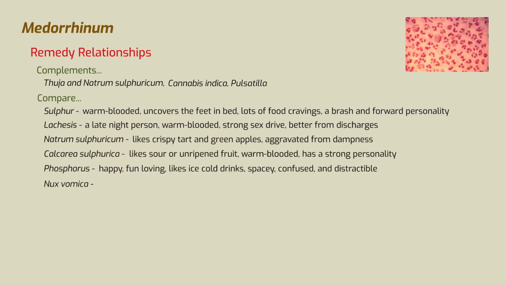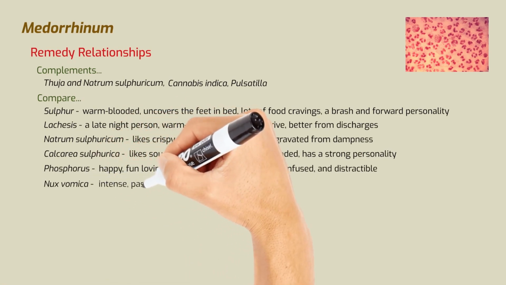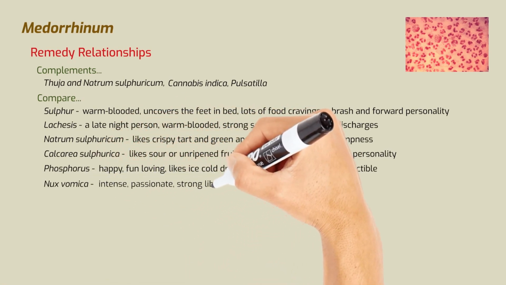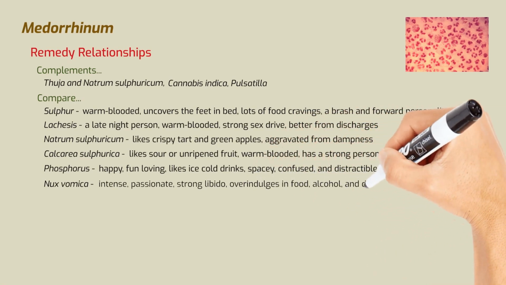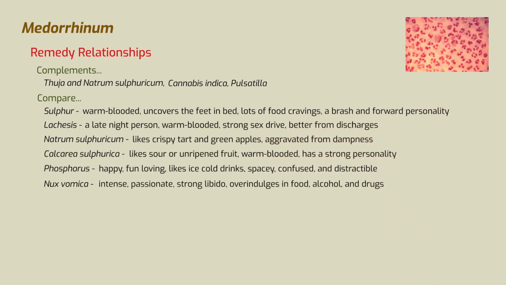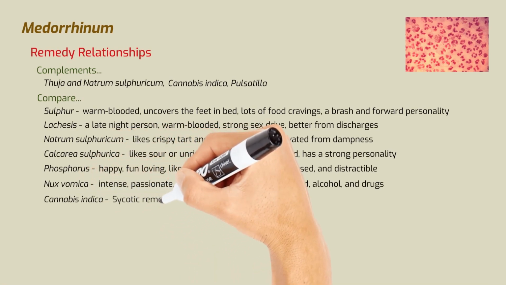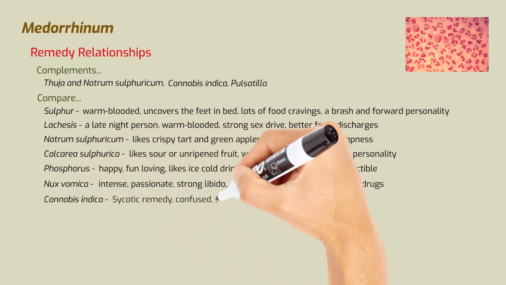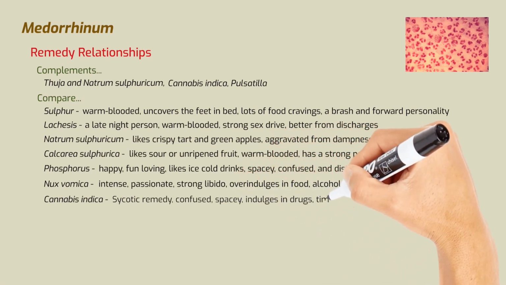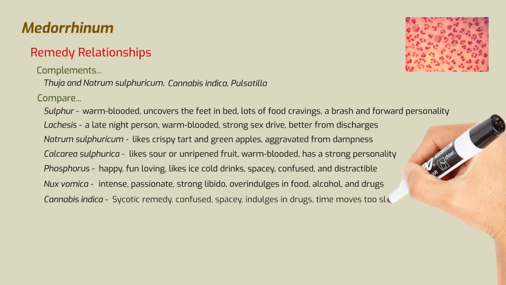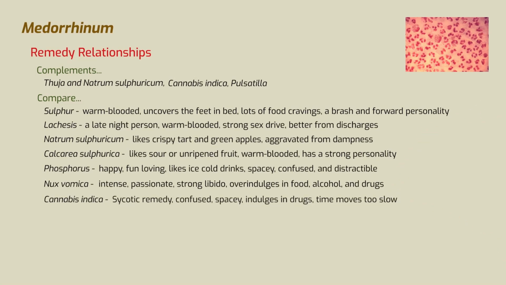Nux vomica is similarly intense, passionate, has a strong libido, and can overindulge in food, alcohol, and drugs. Cannabis indica is also a psychotic remedy, is confused and spacey, indulges in mind-altering drugs, and experiences time distortions, as if time is moving too slowly.